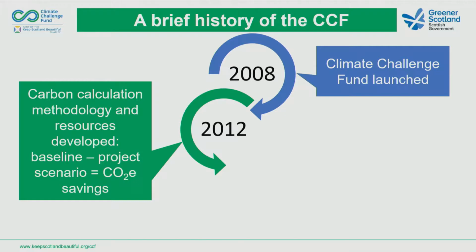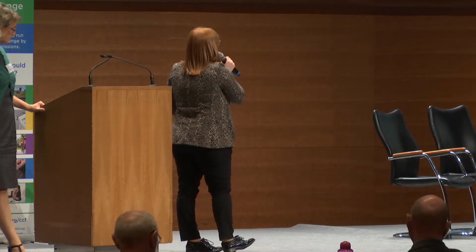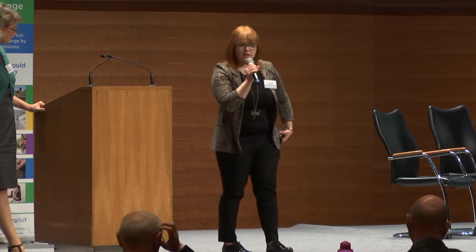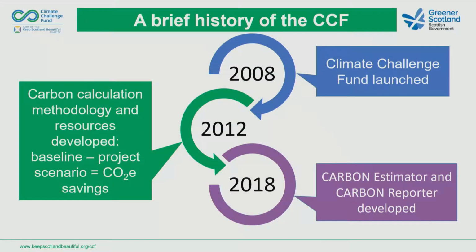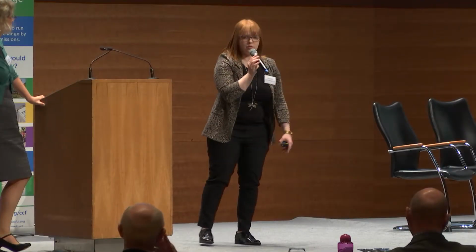The difference between the baseline and project scenario was your project and your community's carbon reduction. And then in 2018, this year, we launched the carbon estimator, for groups applying to the fund to estimate what their carbon savings would be in their community. And the carbon reporter was developed.